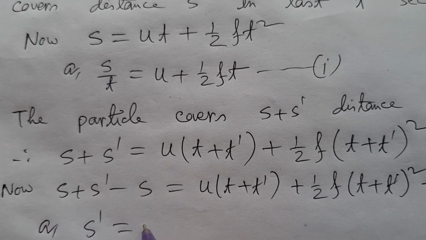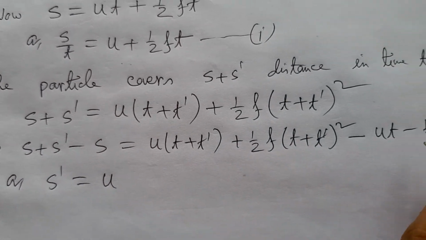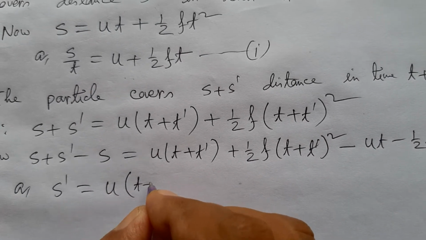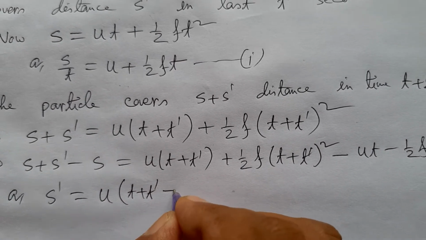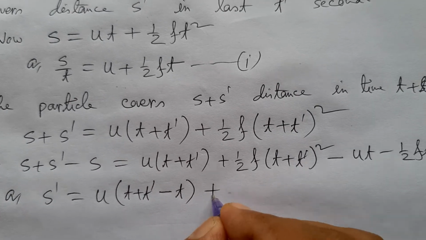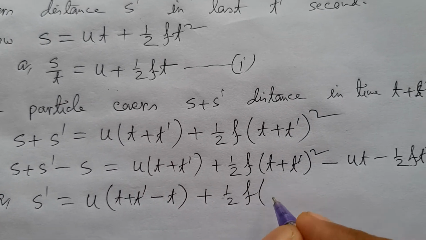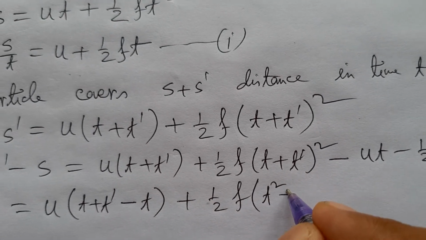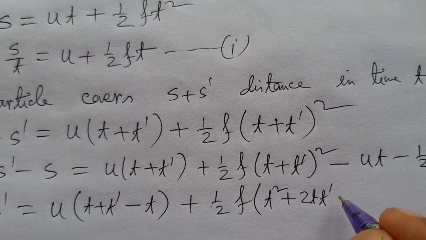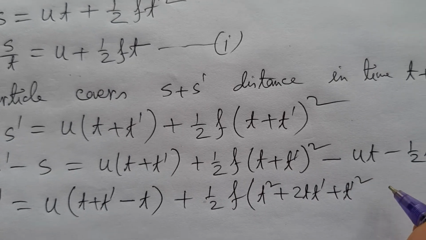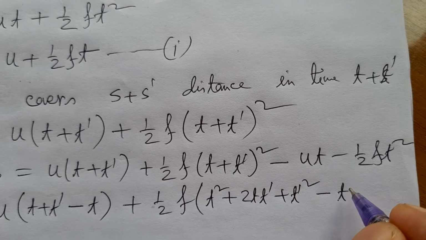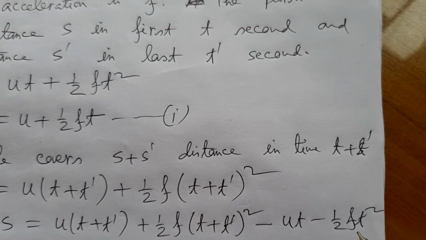On the right side, taking u common from the first and third terms, we get t plus t prime minus t, and taking half of f common, we get t square plus twice t t prime plus t prime whole square minus t square.